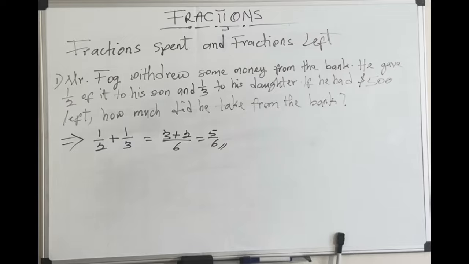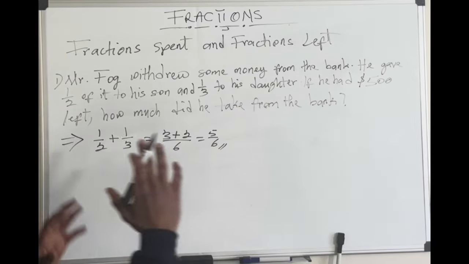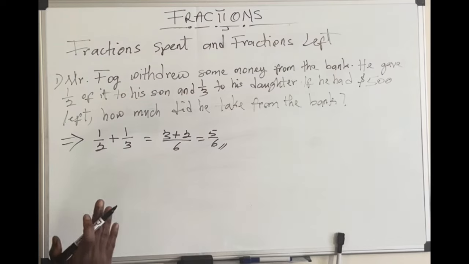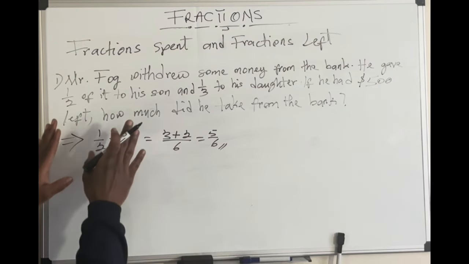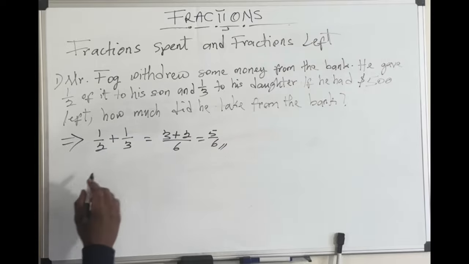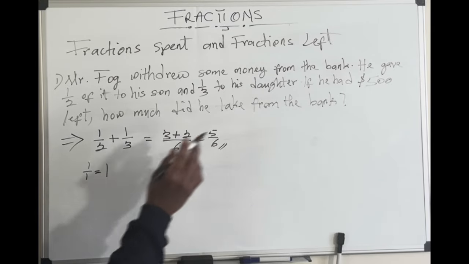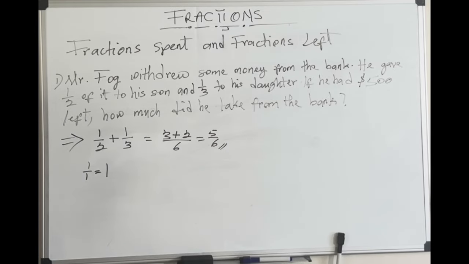So 5 over 6 of the total amount is what Mr. Ford gave to his son and then daughter. So we are going to represent 1 over 1, or 1, to be what? The $500.